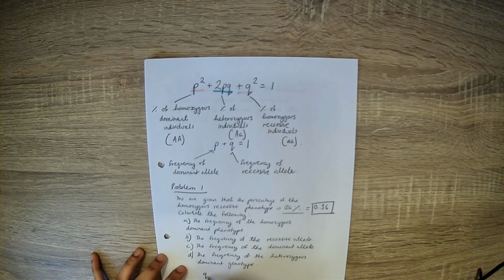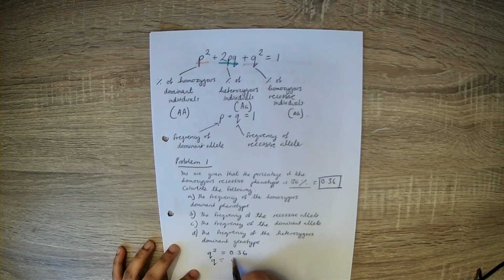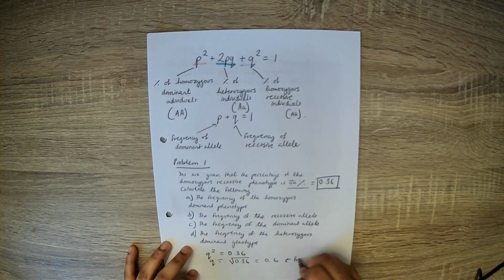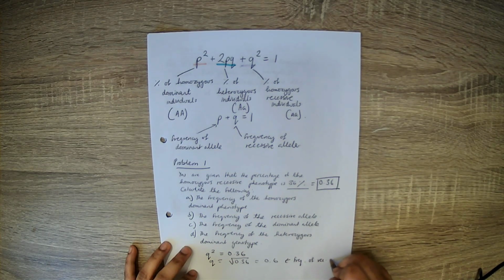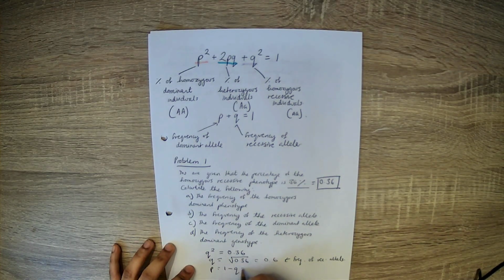And I've given that the expression of q squared, and that is equal to 0.36. Now that can easily lead us on to q being the square root of q squared, which is equal to 0.6. Now that's very good because now we are told the frequency of the recessive allele. We can also work out p, which is 1 minus q, which is 1 minus 0.6, which is 0.4.